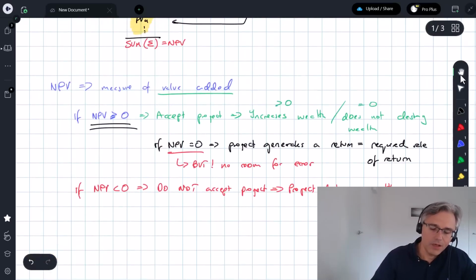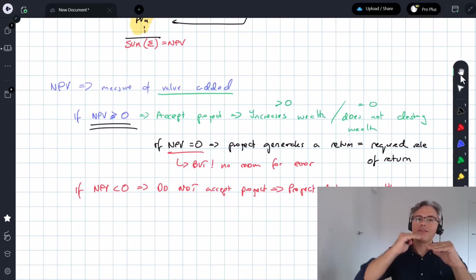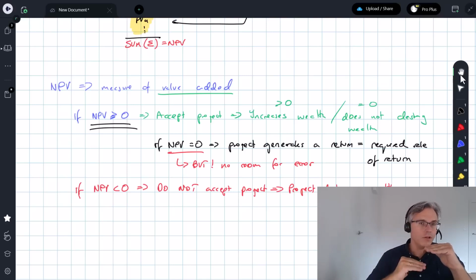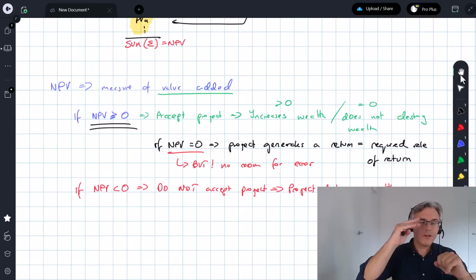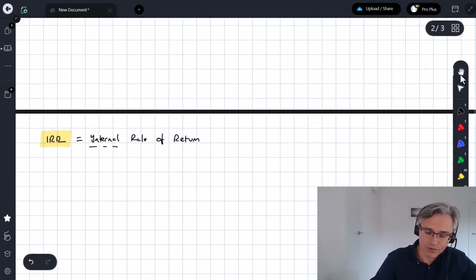NPV, by virtue of being positive or not, shows you whether the project's profitability or rate of return is above or below what's required from it. IRR tells you what that rate of return of the project itself actually is, irrespective of the hurdle which you wanted to cross.